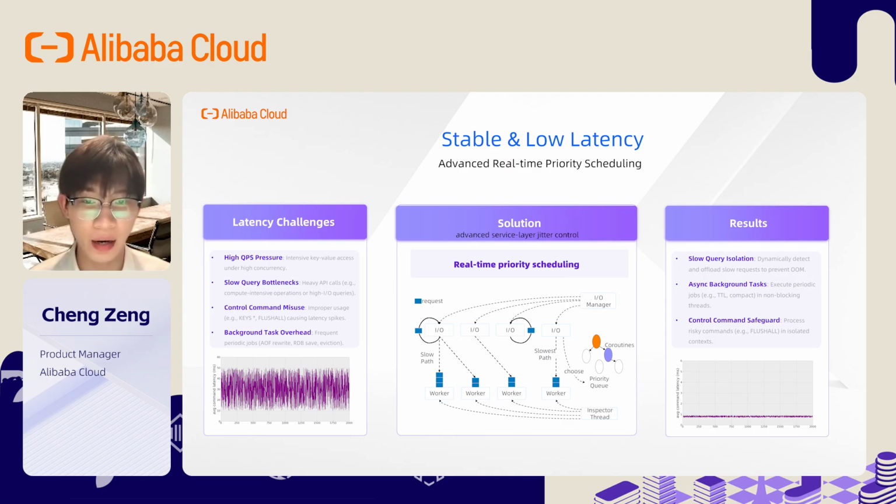At the same time, common background tasks such as TTL expiration, compaction, and garbage collection are offloaded to dedicated helper threads. They run in the background without interfering with the foreground user requests. As a result, we achieve stable latency even under complex high concurrency workloads. And this improvement is clearly shown in the image at the lower right, where you can see much smoother, consistent response times.